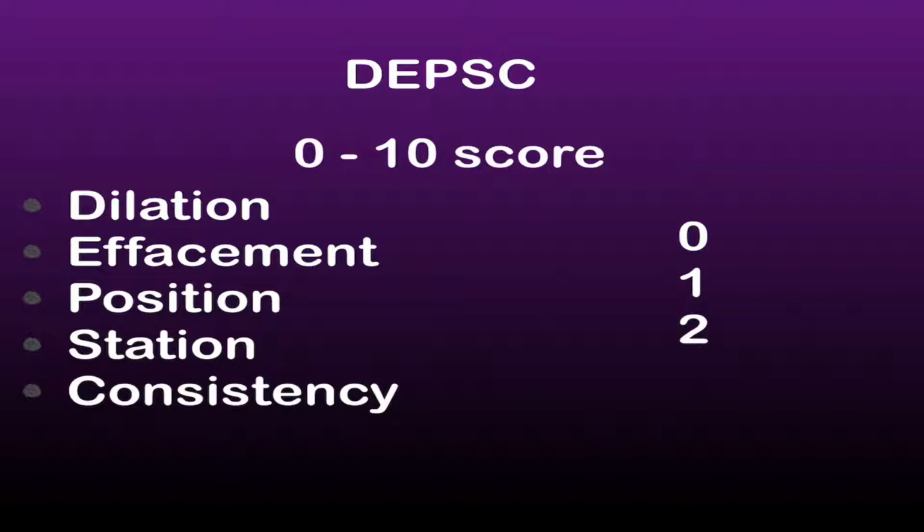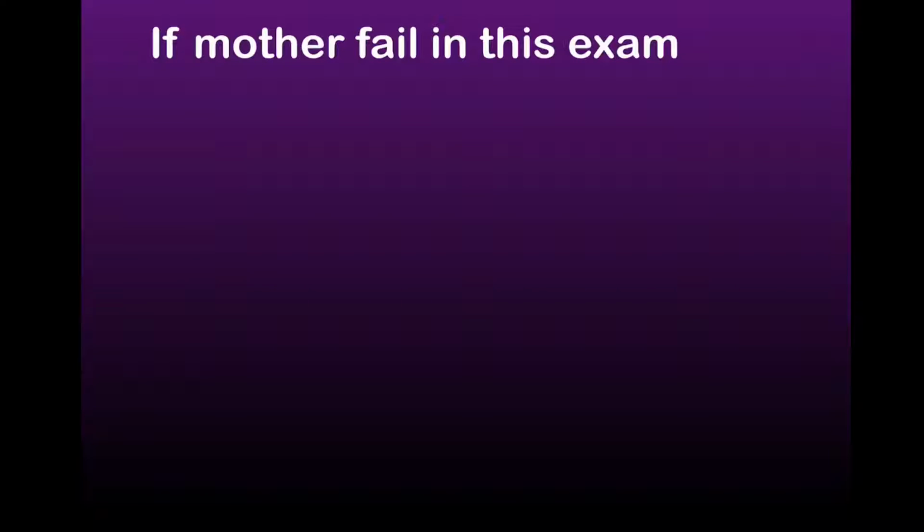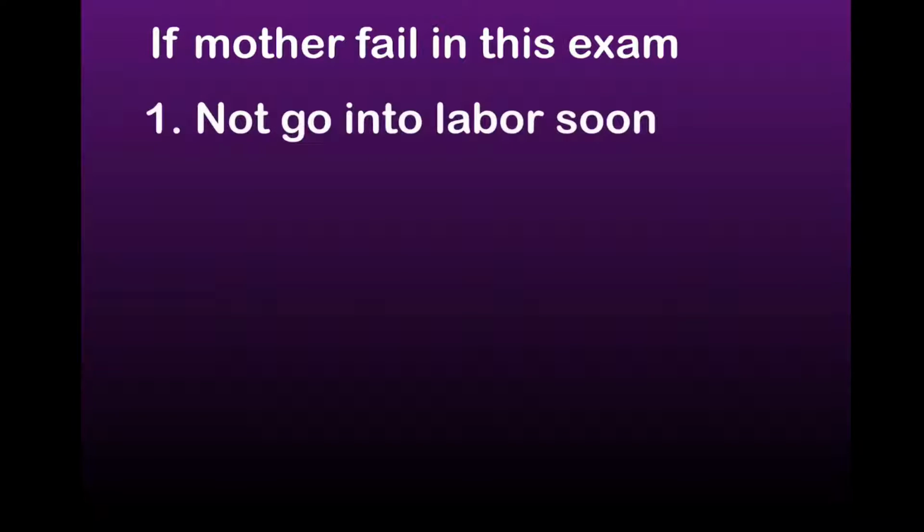What benefits would you gain from Bishop score? If the mother failed in this exam, first, she will not go into labor soon. If a multiparous or nulliparous woman comes to you, you examine her by Bishop score and decide the number you give her.